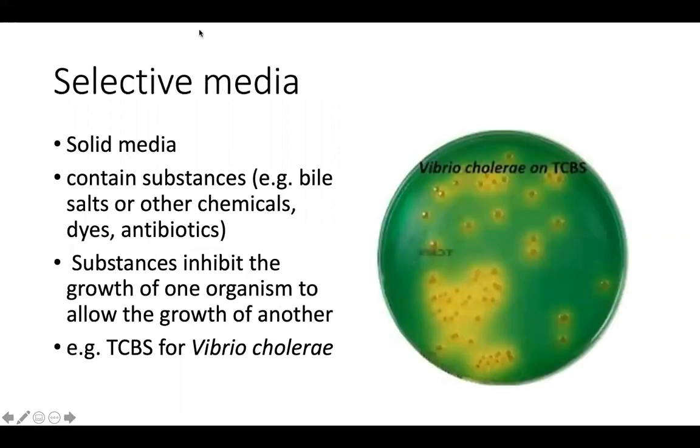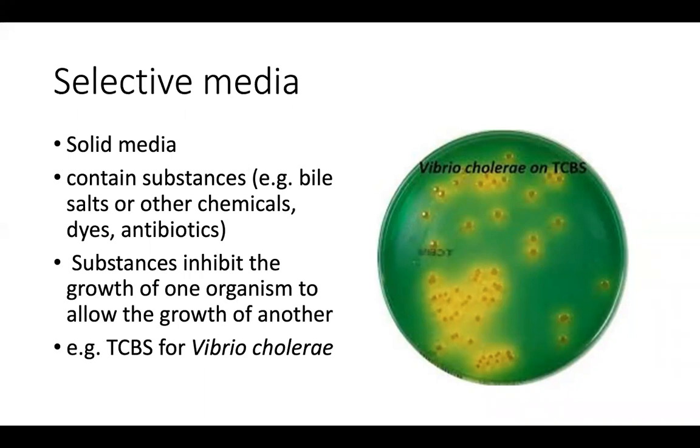Then you have selective media. Selective media is solid media. As you can see to the right, it's in a petri dish. It is solid and contains substances, so it's selecting for a specific bacterium. How do you make a medium target a specific bacterium? You can add different substances, for example bile salts, other chemicals, dyes, antibiotics, and so on.